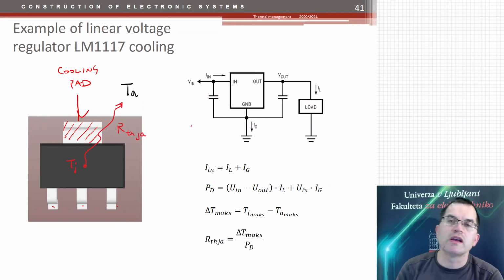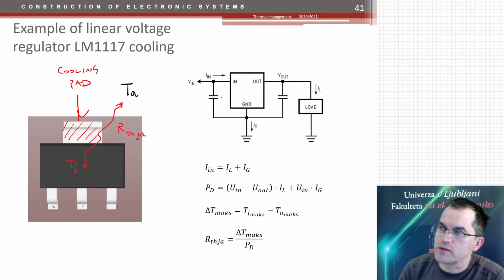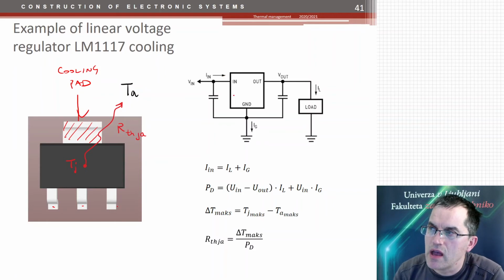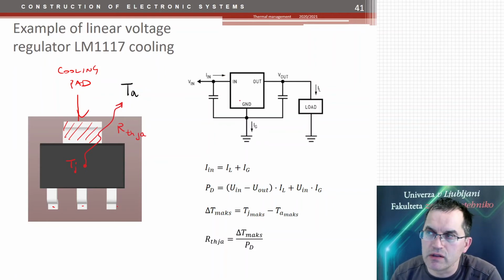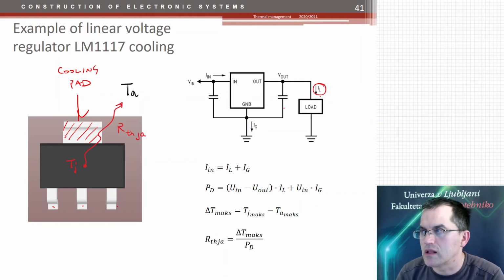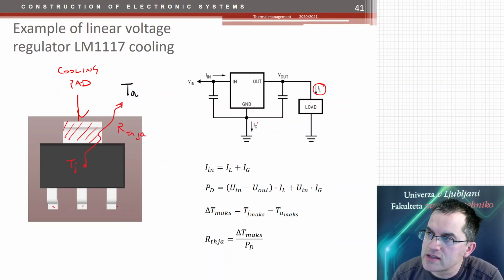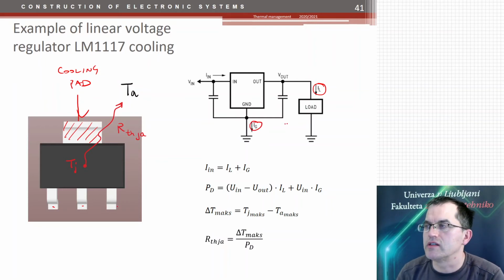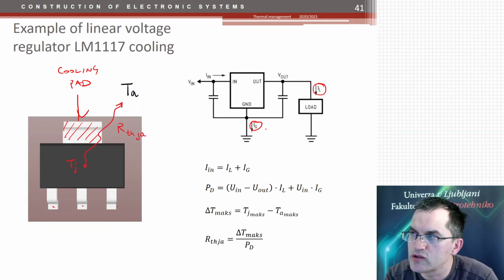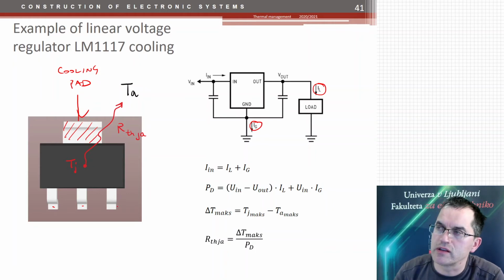So how do we calculate the power? First of all, you have to know what the currents are. The currents into this 3-terminal regulator are determined by the load current, of course, which you have to know. At least you can calculate or even measure it. Then there is the so-called quiescent current of this regulator.